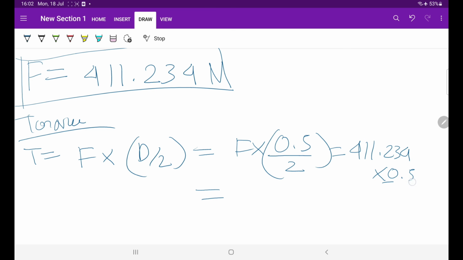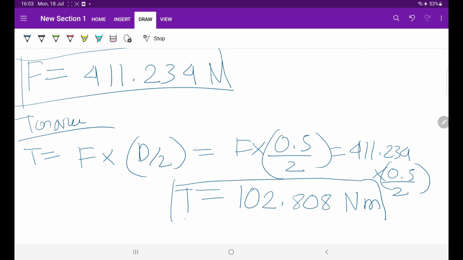Let's calculate: 411.234 into 0.5 by 2. It will be 102.808 Newton meter. This is the torque.